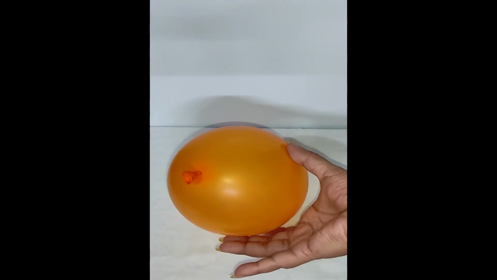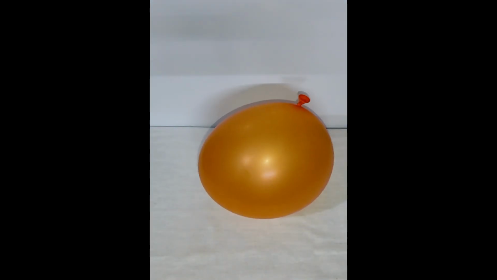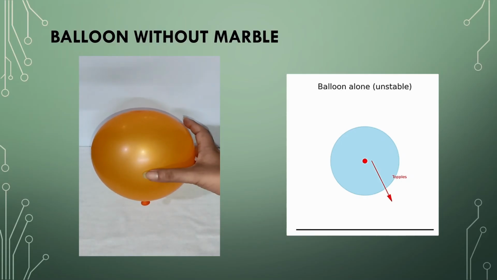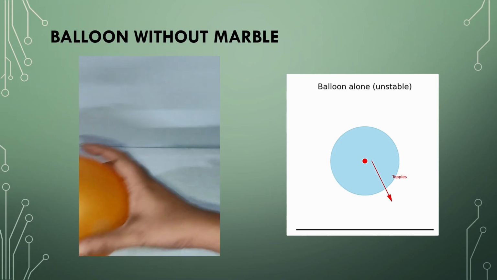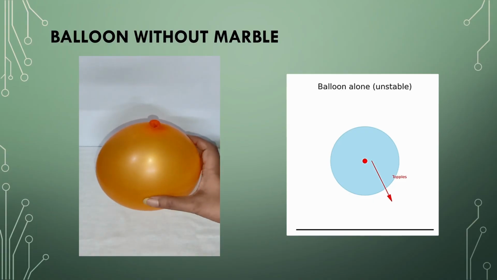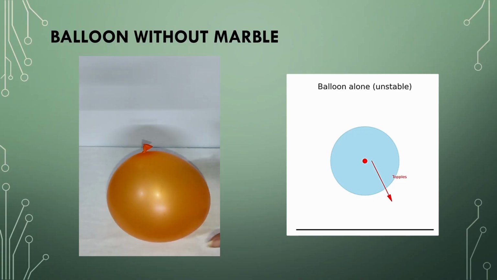Take an inflated balloon, which is very light, of course, and try to adjust it in the upright position. You can see in the video it is never going to stay upright. It is always going to tip over. So why is it happening?